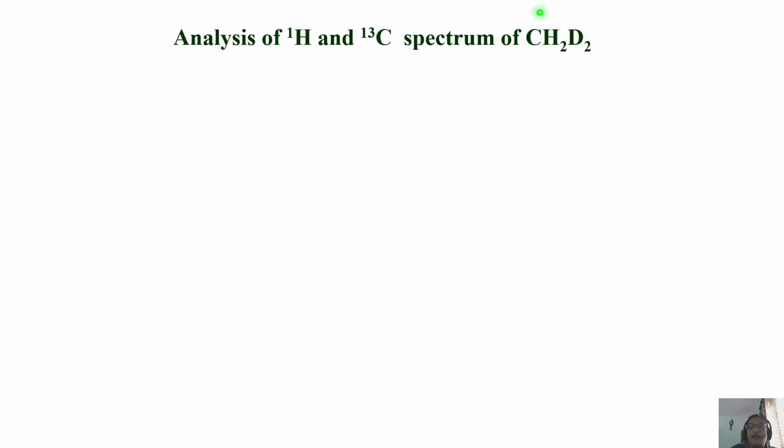I am now looking at the proton spectrum of this molecule. But I'll also give you information: deuterium is spin 1, and carbon 13, whose natural abundance is 1%, is spin half. This information is sufficient for us to generate the proton spectrum of this molecule and also the carbon 13 spectrum.